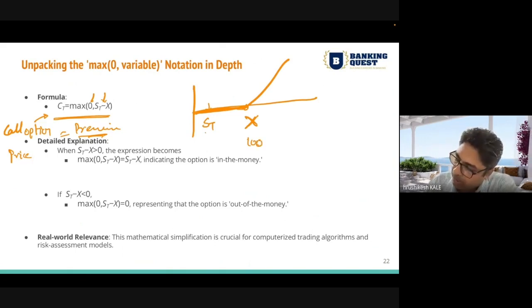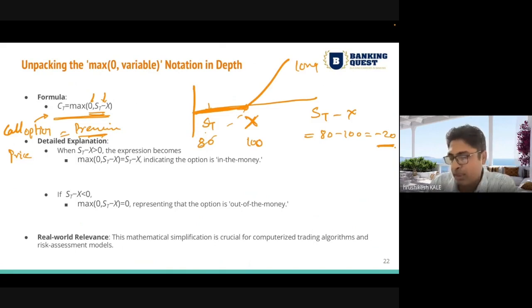X is 100, ST is 80. If you do not use this formula and just use ST minus X, then 80 minus 100, you will be in minus 20. But you are in a long position. You don't go in minus if ST is less than X. So what you do, if the value is negative, just take 0.